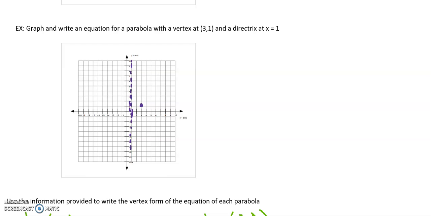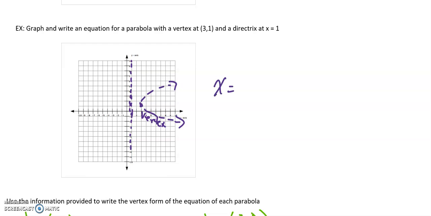Oops, not straight, but we get it right. All right, so if this is the vertex, that's the vertex there, our parabola has to graph so that the directrix is on the outside. So our parabola is going this way. Okay? That is opening on the x, and it's positive.